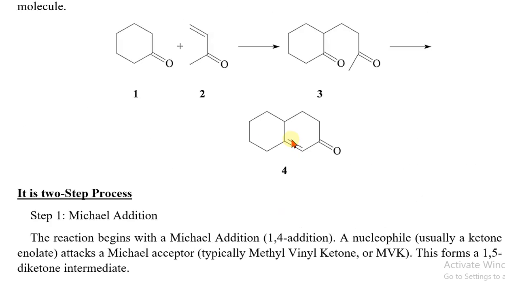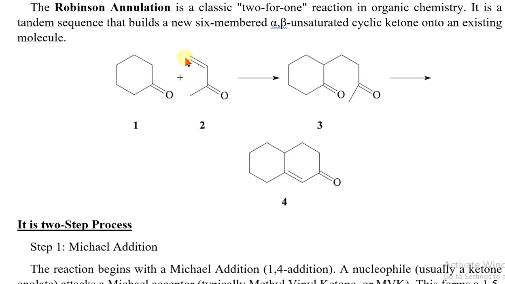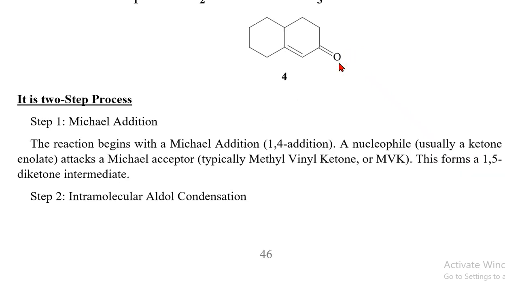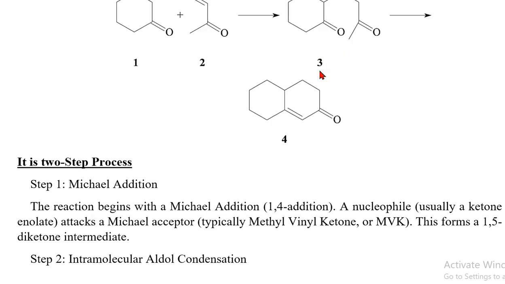So if you look here, this first step is the Michael reaction, and the second step, coupling between two carbonyl compounds, is the aldol reaction. So it is a two-step process. The reaction begins with Michael addition, 1,4 addition, a nucleophile, usually a ketone, attacks the Michael acceptor, typically methyl vinyl ketone.